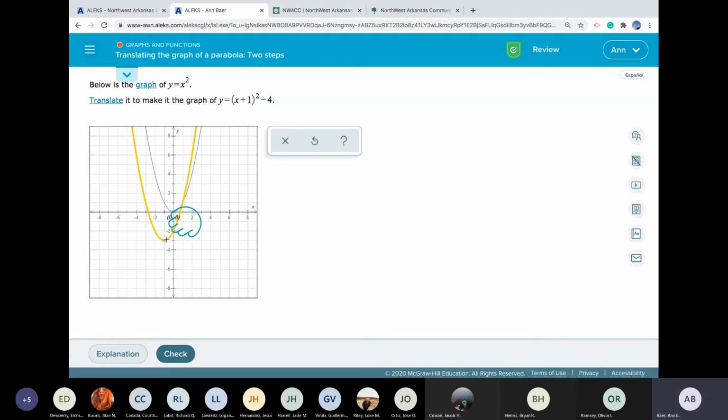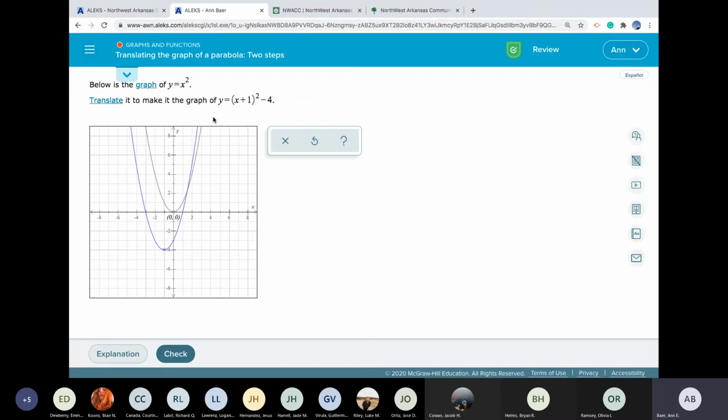I'm trying to make sure I'm staying in that correct column. Now, I would particularly check these, because it's easy to get off by one grid line even when you're dragging and dropping. So I'm going to figure out the ordered pair associated with this vertex. That is -1 for x, and going straight over to the y-axis, that's -4.